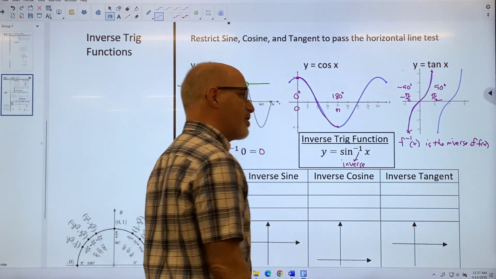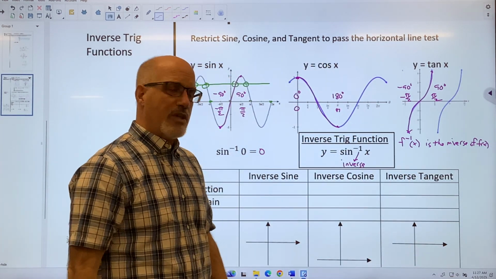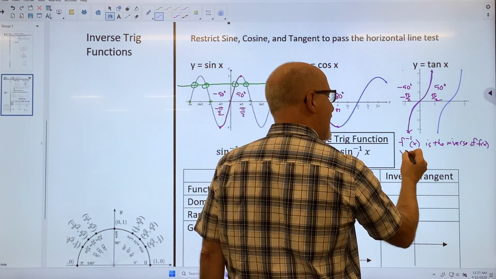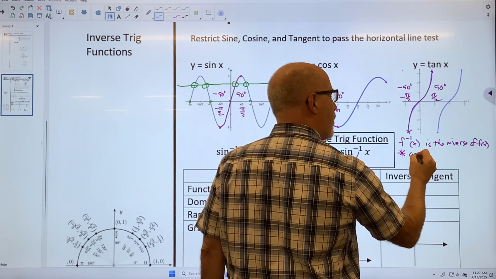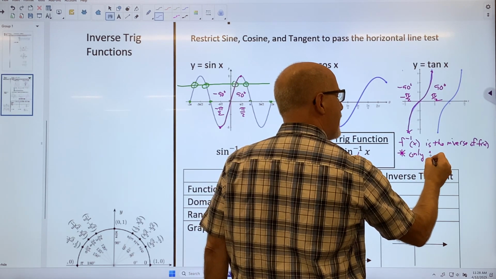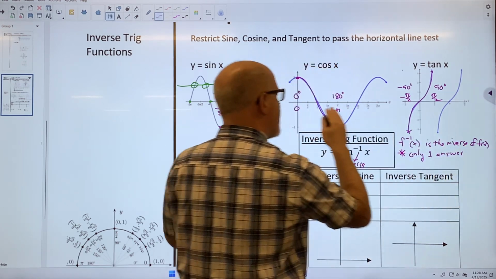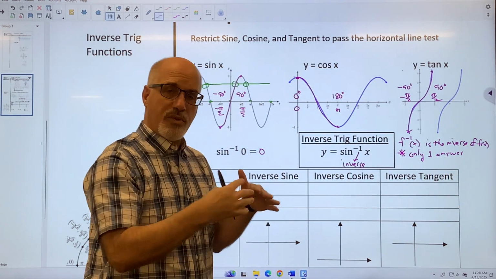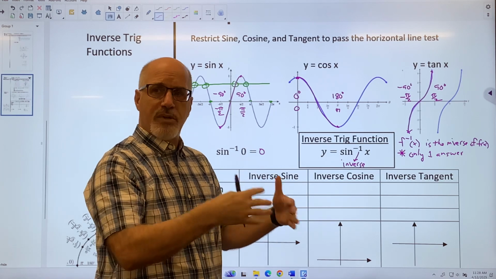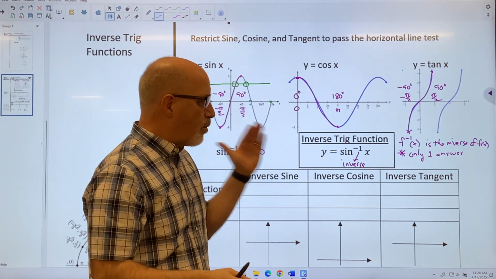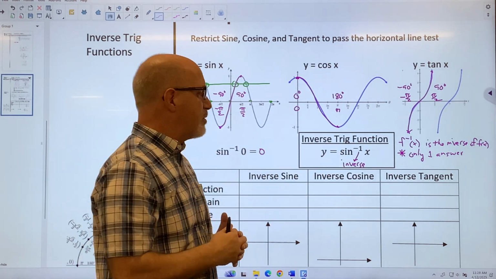So that's the notation we use, and it's a function, so there is only one answer for it. We don't get into the multiple answers. We'll do that later when we solve trig equations and build on that. But for this, you're only going to get one answer when we use this notation.